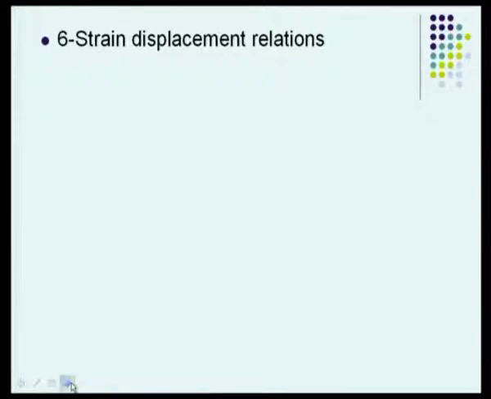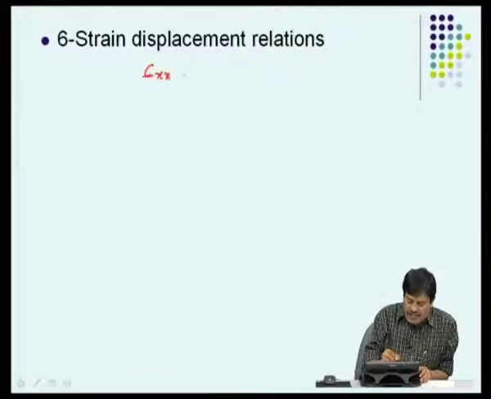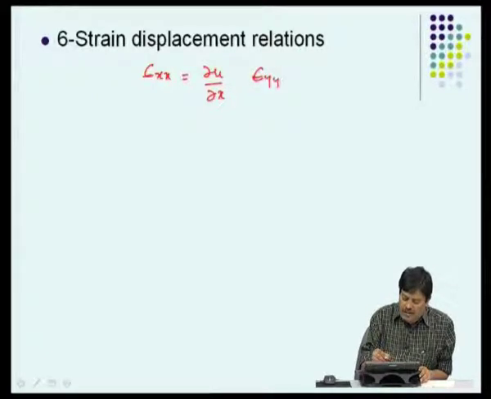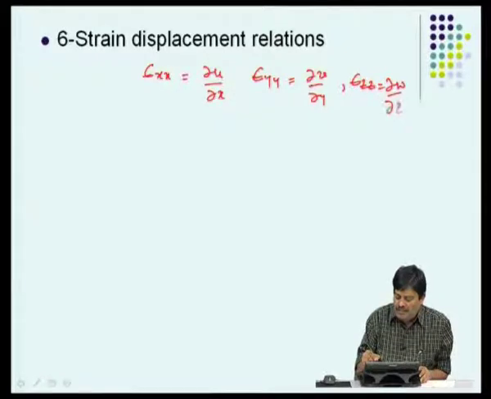Then we have these 6 strain displacement components. For example, epsilon xx, the strain, is related to the displacement by du by dx. Epsilon yy will be equal to dv by dy. Epsilon zz will be equal to dw by dz.